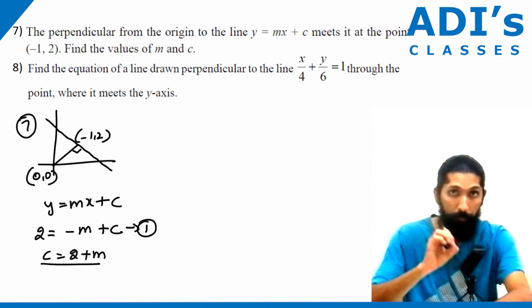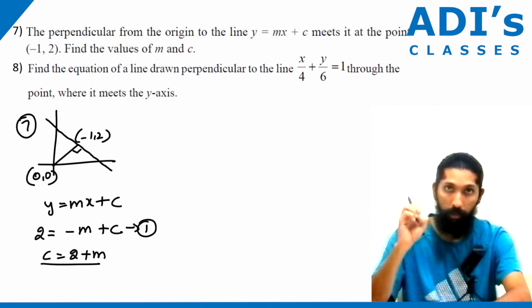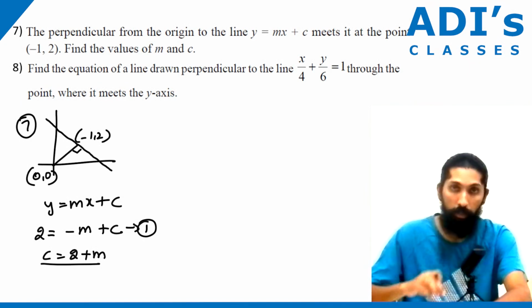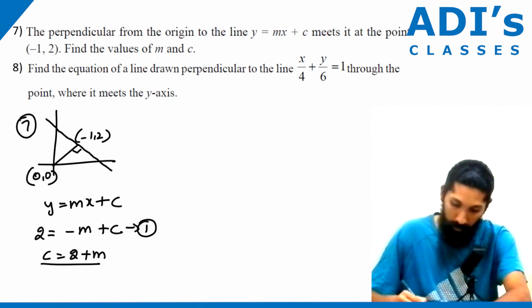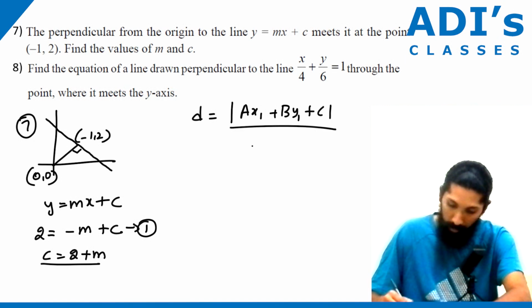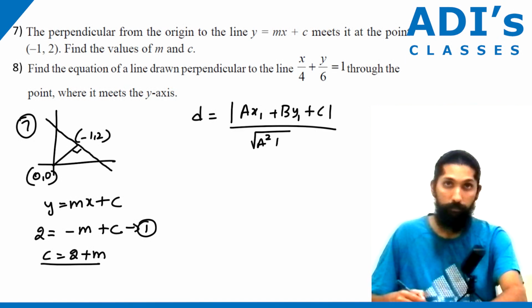Okay, now that we have this, the next thing what do we have? We'll talk about the perpendicular distance. Now perpendicular distance from origin to that particular line. The distance d is equal to mod of, here what do you get? You're going to get ax1 plus by1 plus c divided by root of a square plus b square. Correct?